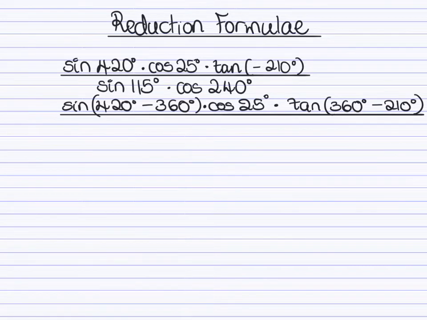The most appropriate for this particular question is sine of 90 degrees plus an angle, in this case 25 degrees, which will then give us 115 when we add them together. I've chosen that because I see that there's something in the numerator that, once I reduce the sine of 90 degrees plus 25 degrees, I will be able to cancel out.